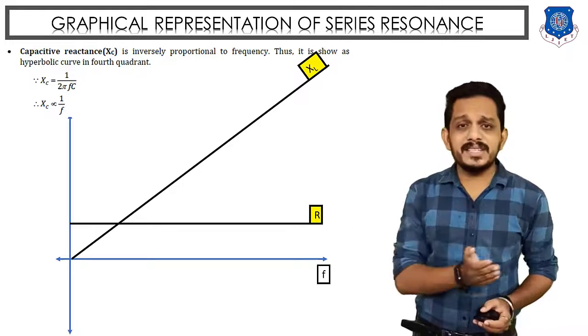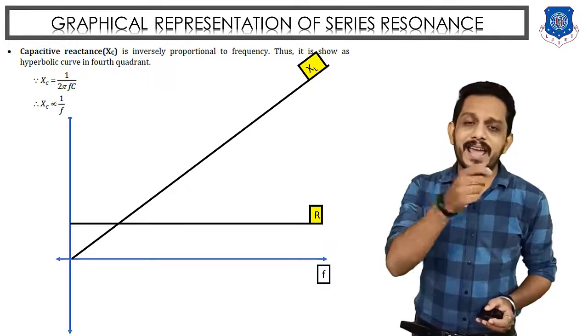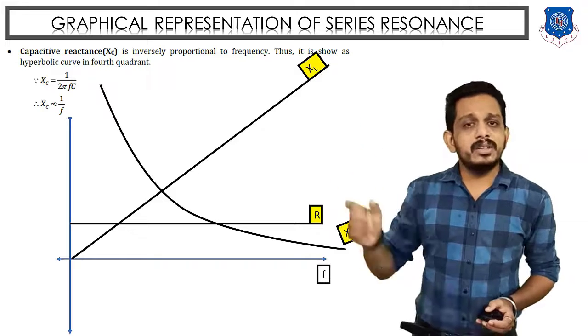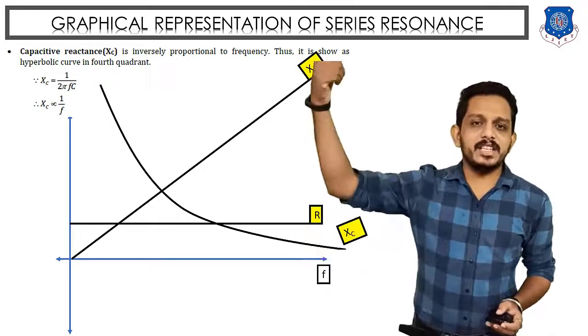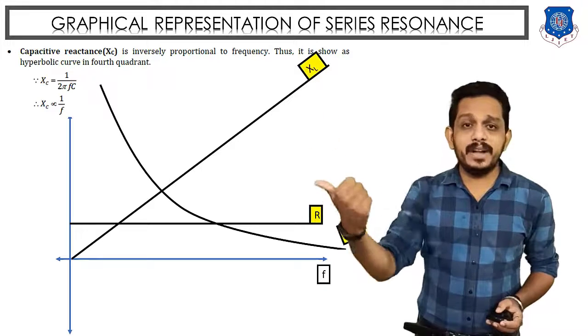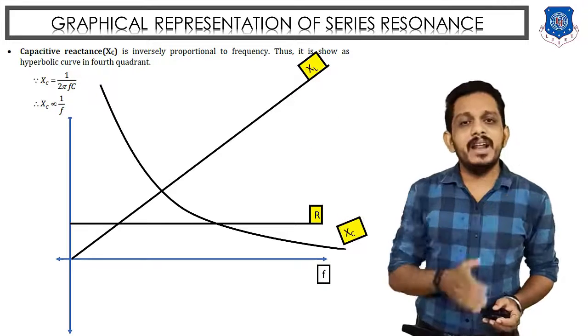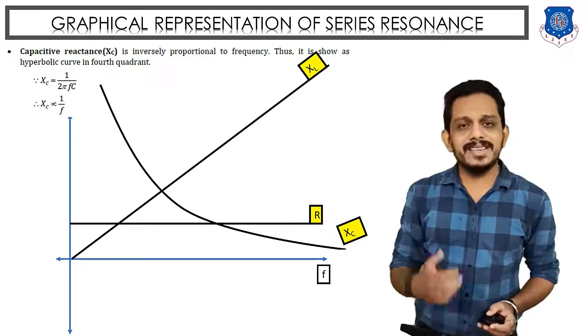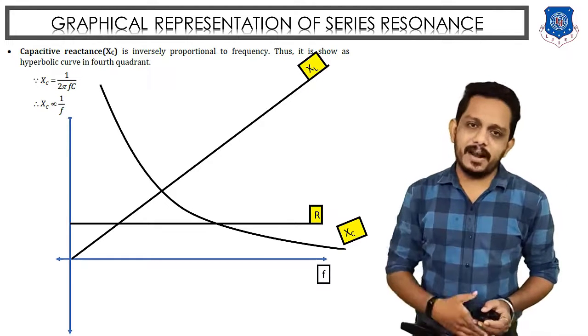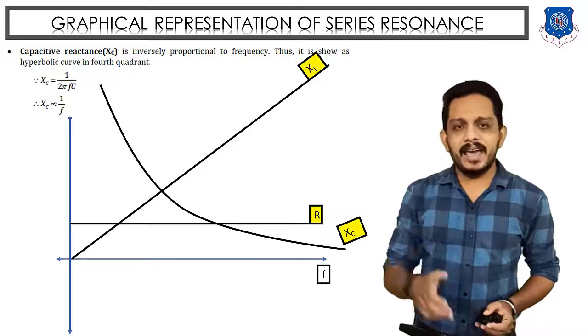And if frequency is infinite, then XC will be 0. So the graph of XC will be drawn like this. At 0 frequency, XC is maximum, and XC decreases as frequency increases, and at some point XC will become 0. So this is the graph of resistance R, XL and XC.